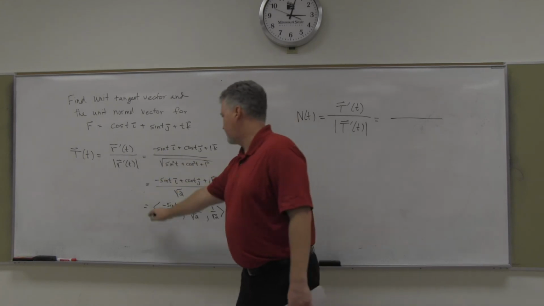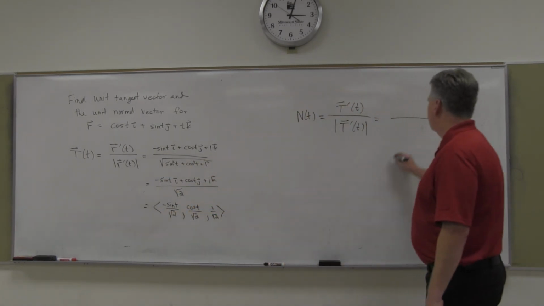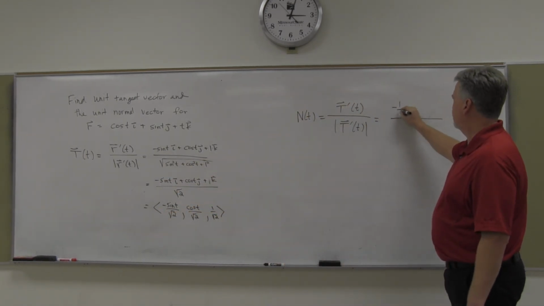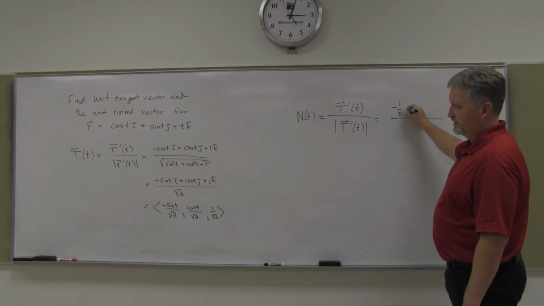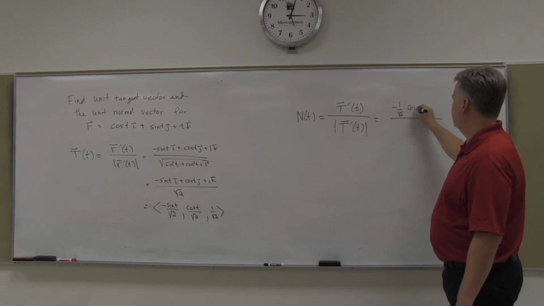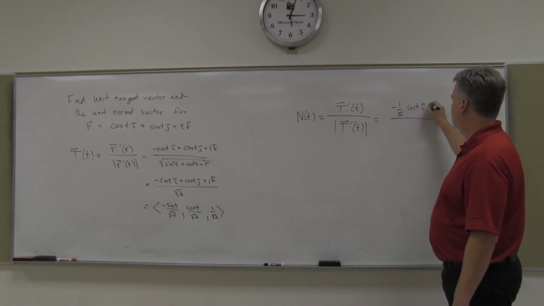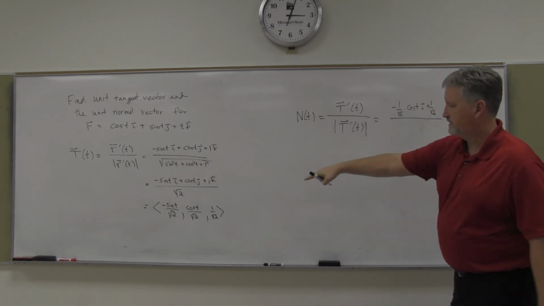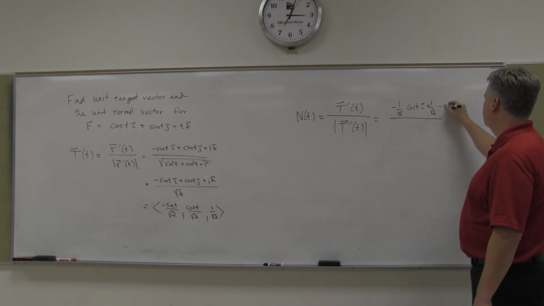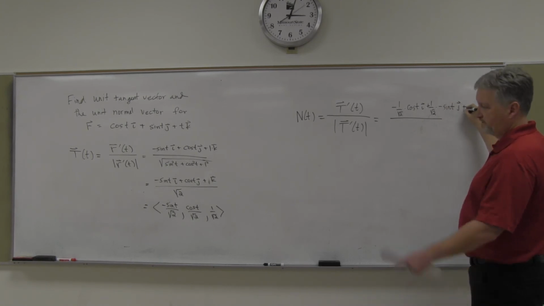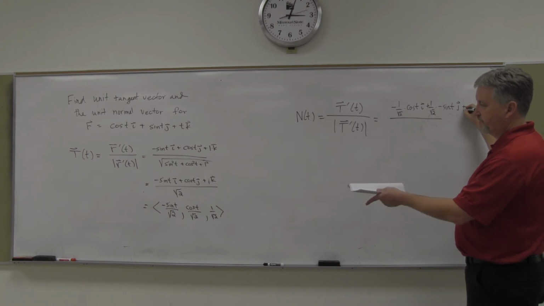So T prime: negative 1 over square root of 2 cosine t i plus 1 over square root of 2 times negative sine t j plus 0.